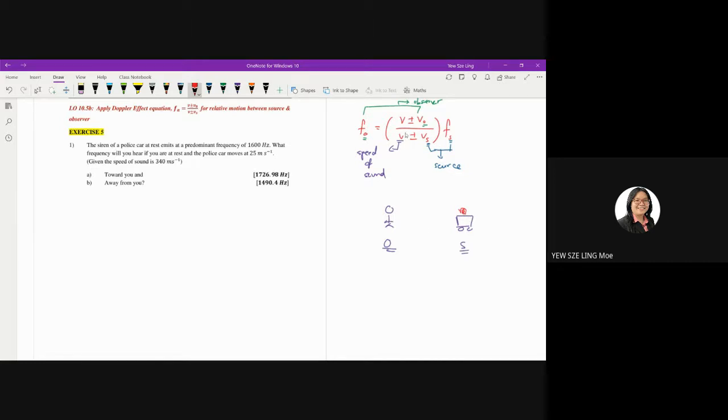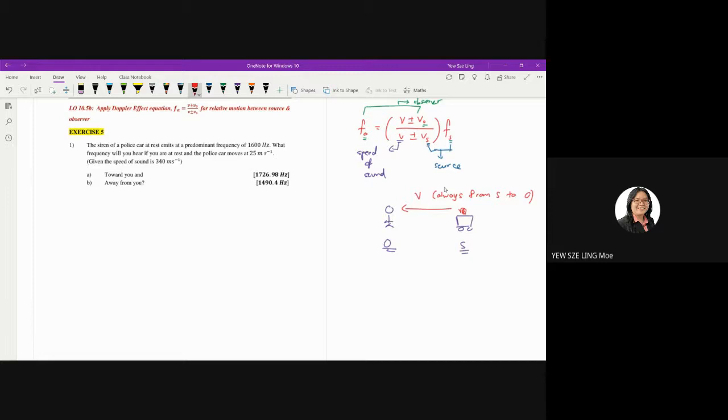The direction of this V is always from the source towards the observer. So V is always from S to O, from source to observer.